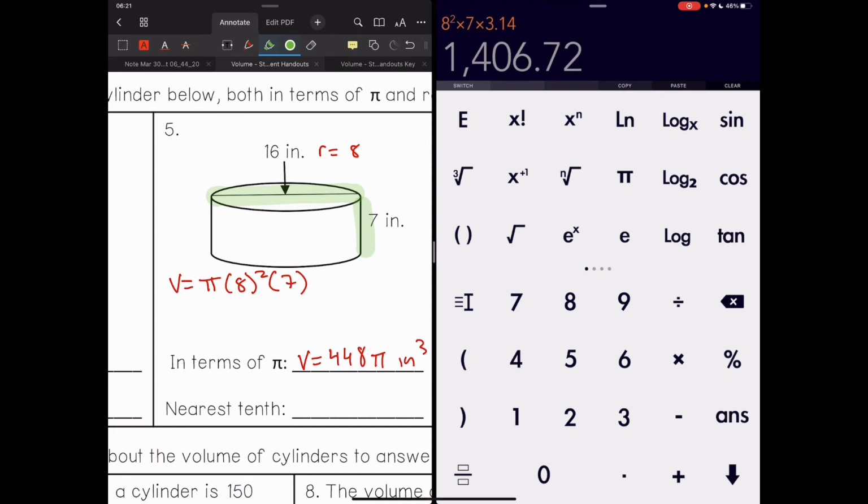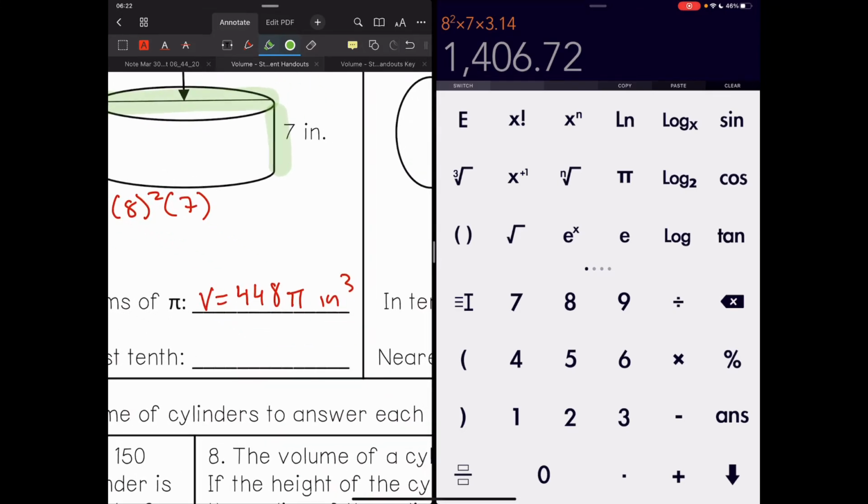You see here we've got 1,406.72. So we're going to round to the tenths place. That's the first place after the decimal. And when we look at the hundredths place there, because it's less than 5, we round down to the 0.7. So our volume would be 1,406.7 inches cubed.